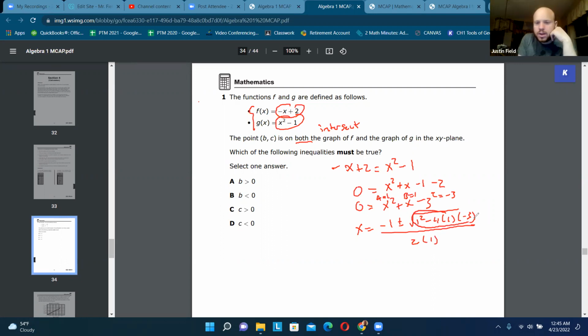Inside there it's 1 minus 4 times 1 times -3, which is -12, and the 2 negatives make it positive 12. It's 13, the square root of 13. The square root of 13 is 3.6. Of course, it's irrational.